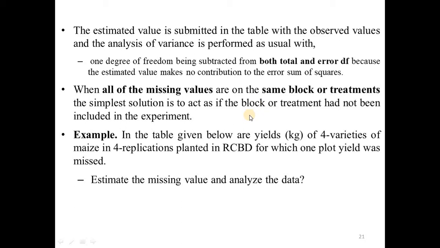For example, in the table given below are the yields in kilograms of 4 varieties of maize in 4 replications planted in RCBD, for which one plot yield was missed. Then we have to estimate the missing value and analyze the data.